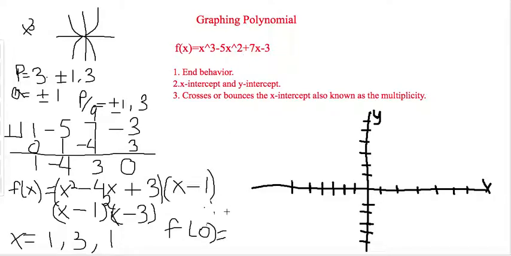Minus 5 times 0 squared, which is 0. Plus 7 times 0 is 0. So you're just left with negative 3. Our y-intercept is 0, negative 3.